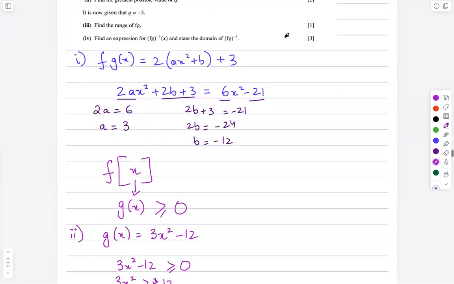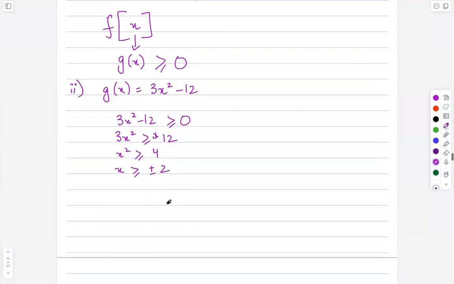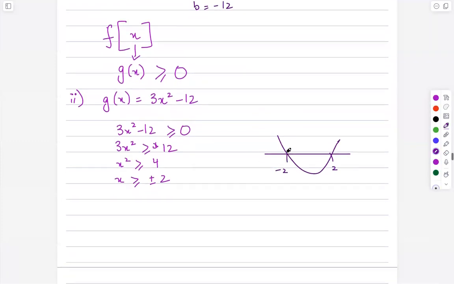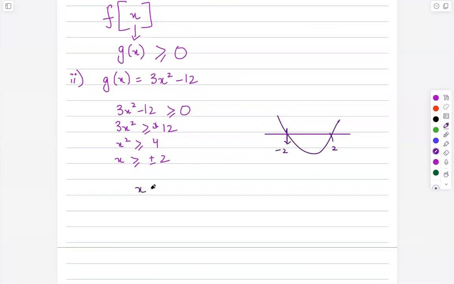Now, as the question said that x has to be less than or equal to q, so we have plus or minus 2, both of these values over here. Now, if we make this function on a quadratic graph and the values of x are 2 and minus 2, so this is 2 and this is minus 2 up here. As x has to be less than a particular value, the value of q will be less than or equal to minus 2, or we can write that q will be equal to minus 2.